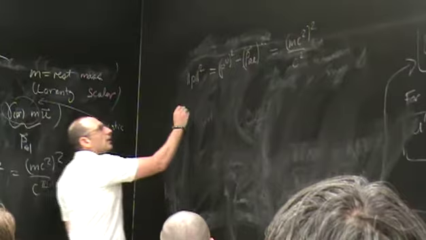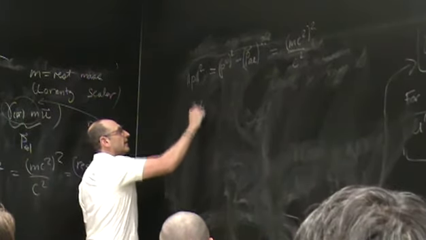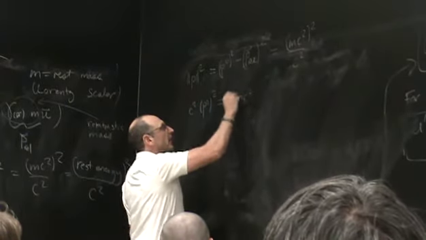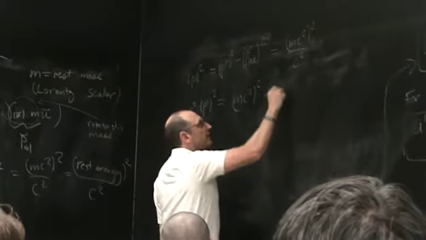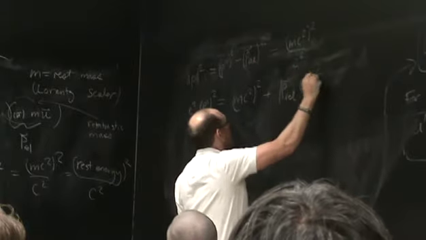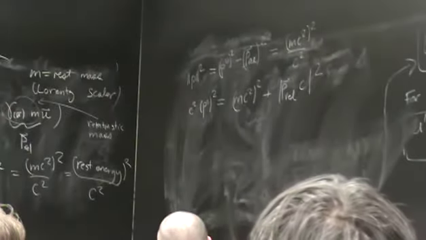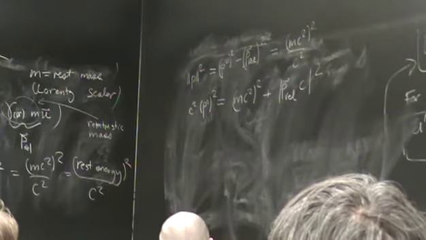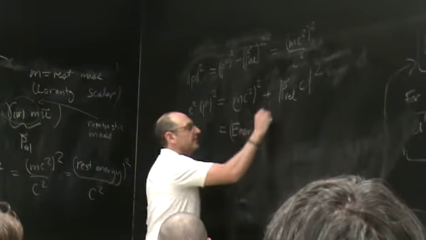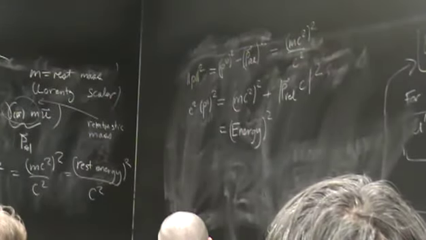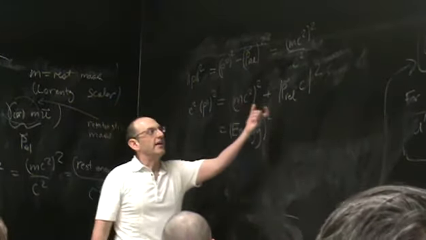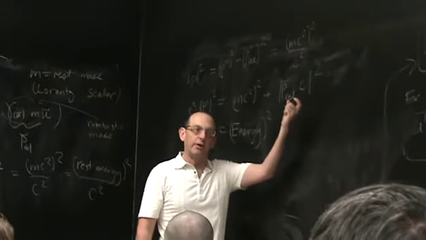Okay, so that means that c squared times P0 squared is equal to (mc squared) squared plus the relativistic momentum squared times c squared, which we call the energy of the particle squared.